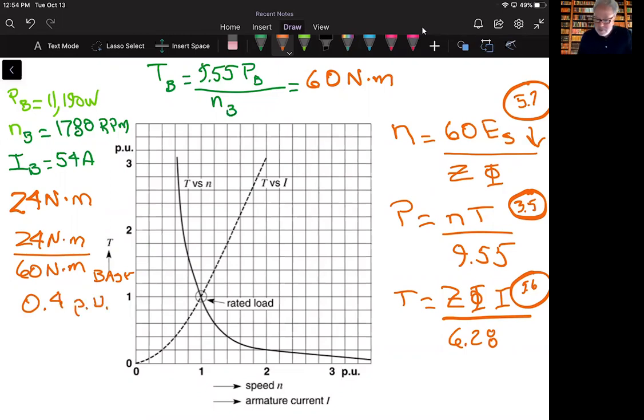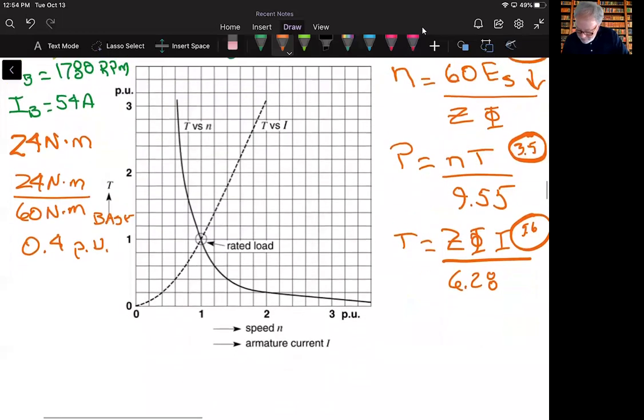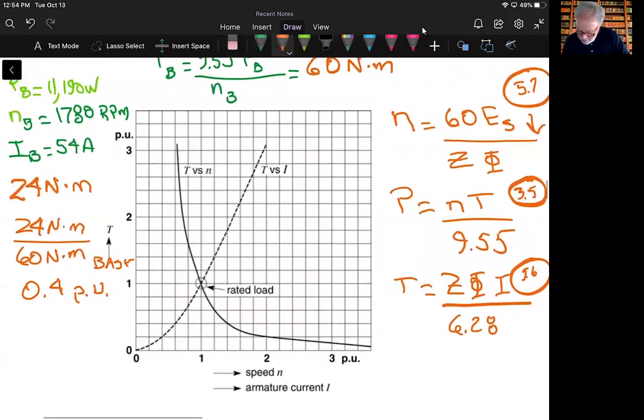Okay, so going to our curve, we'll think about these as 0.2, 0.4, 0.6, 0.8, and 1. Now we can use this 0.4 per unit and use the characteristic curves and make the determination that we need to make.